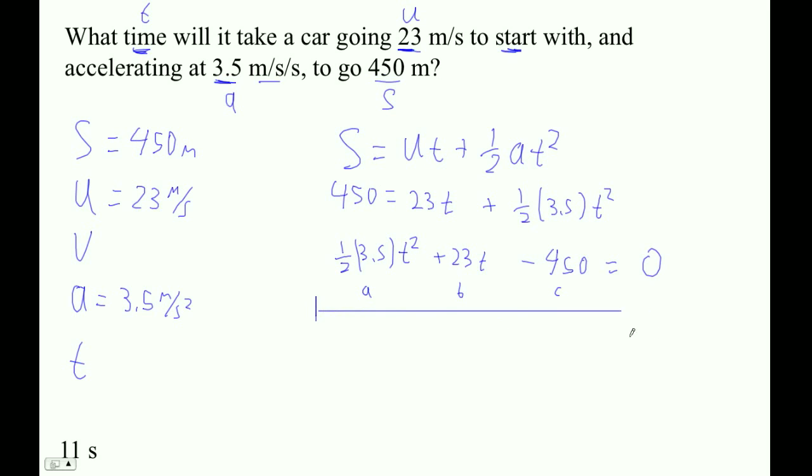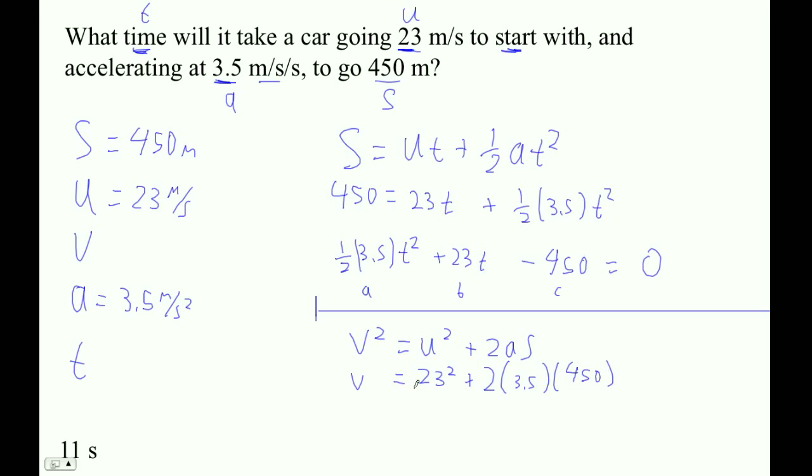Whoops. A failed horizontal line, okay? The workaround is that, notice it doesn't ask you for the final velocity, but if we find the final velocity, we can then find the time, right? So I'm going to do that. I'm going to go V squared is U squared plus 2AS, okay? The initial velocity is 23 squared plus 2 times 3.5 times 450, right?